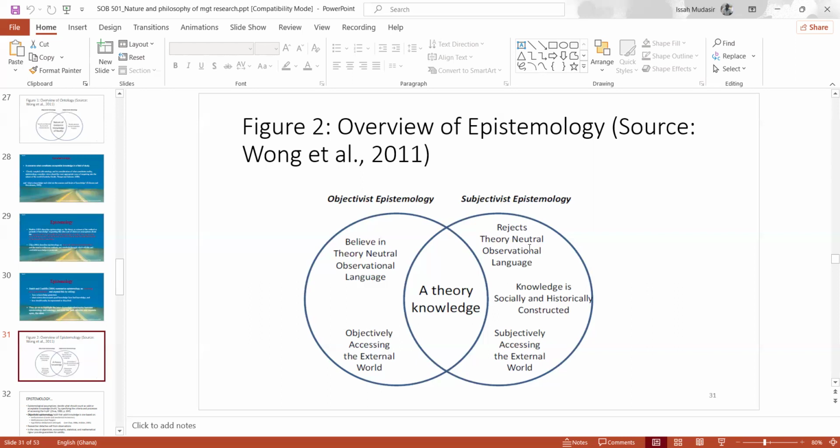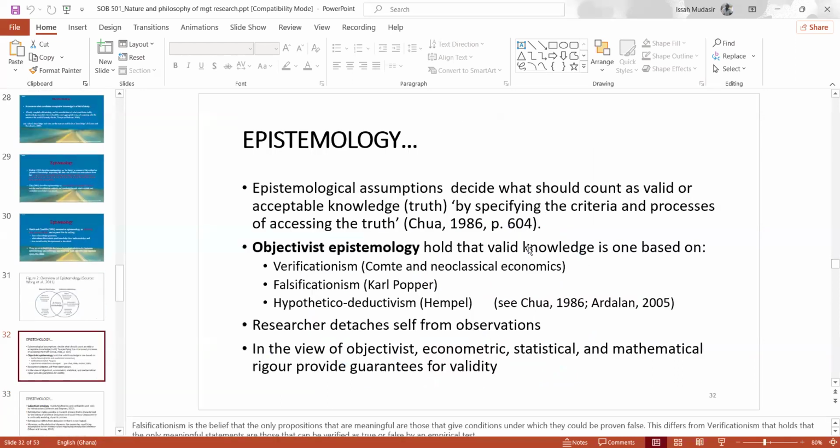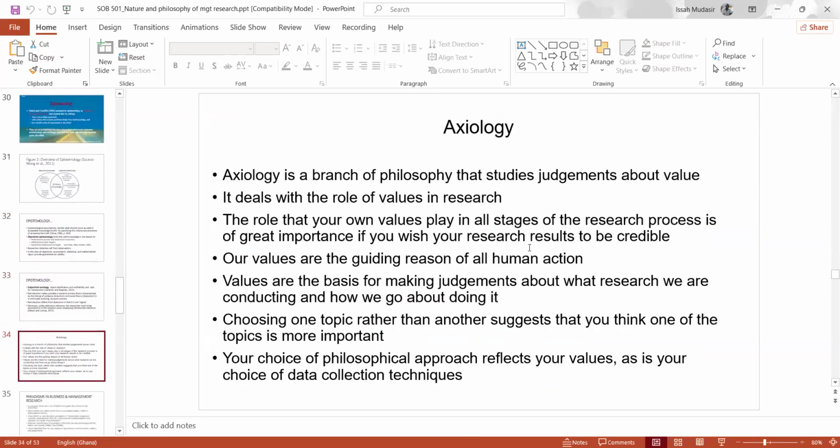So from the onset, I will say that your ontology influences your what? Epistemology. And your epistemology will also influence your axiology. Okay? So that then moves us to another philosophical realm, axiology. This has to do with values, attitudes, perceptions. What role do they play when it comes to research?